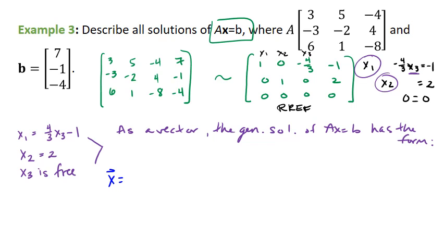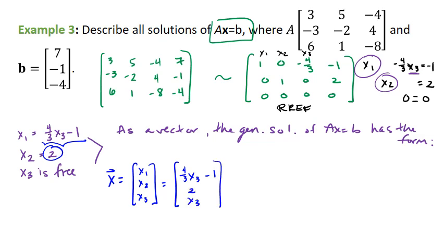X is equal to, so x1, x2, x3, and I'm just going to replace each of these. x1 is really this, so 4/3 x3 minus 1. x2 is really 2, and x3 is free, so I'm going to leave it as x3.